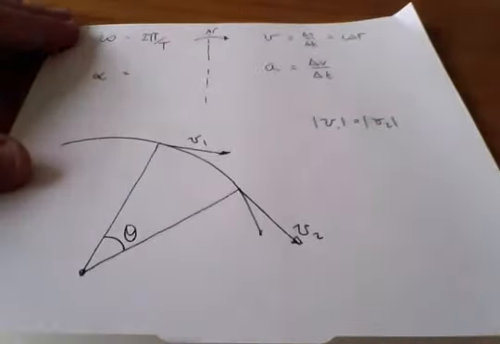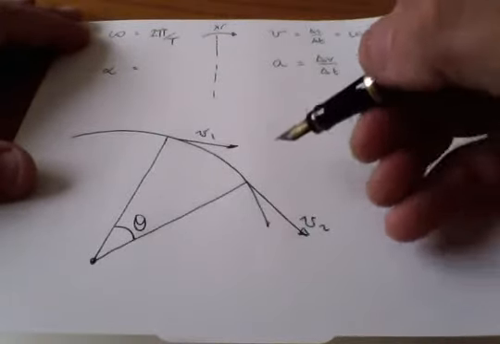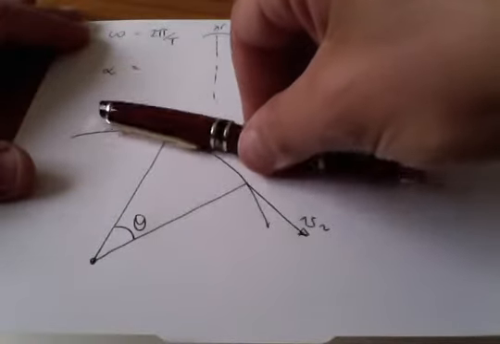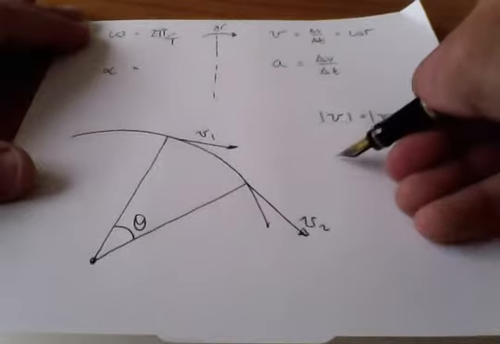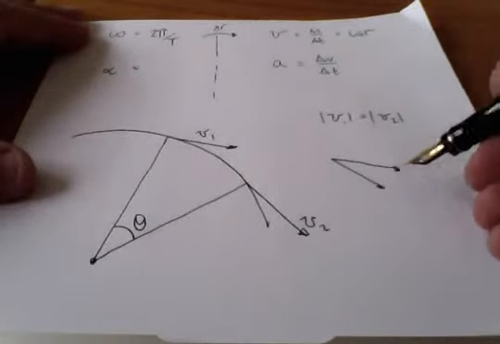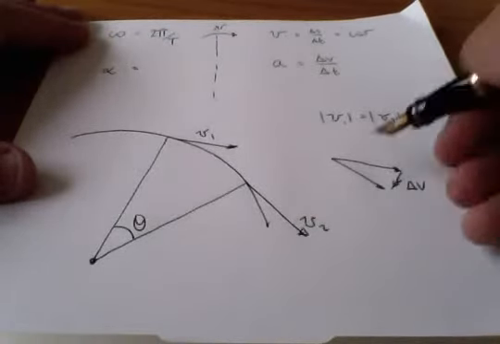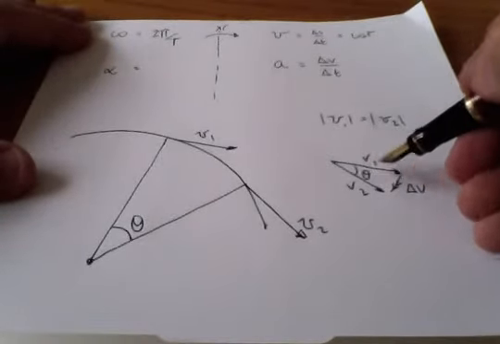They've gone through an angle of theta, and there has been a change in velocity. This vector has been changed into that vector. So let me just draw these two vectors. That's the change that I've experienced. Here's v1 and here's v2, with the same angle between them.